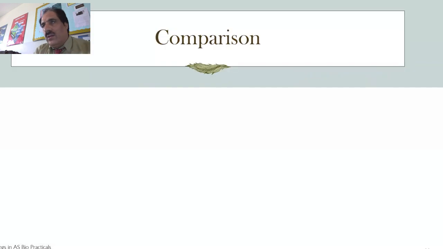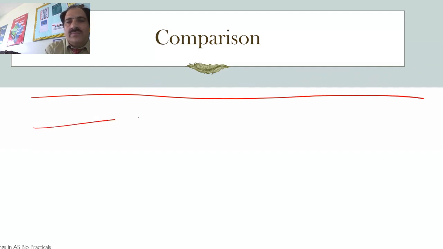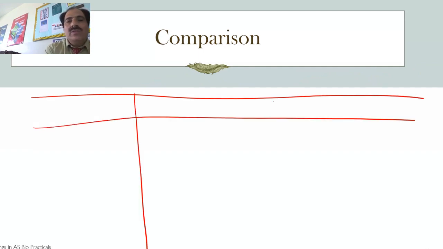Then the next part of the question usually is they give us a diagram in the paper and we have to compare that diagram with the slide we have in the microscope. Whenever you have a question about comparison, we always make a table, and this table has three columns. We should always write the heading of the first column as feature. Then the figure, for example, they give us in the paper, say figure 2.2.